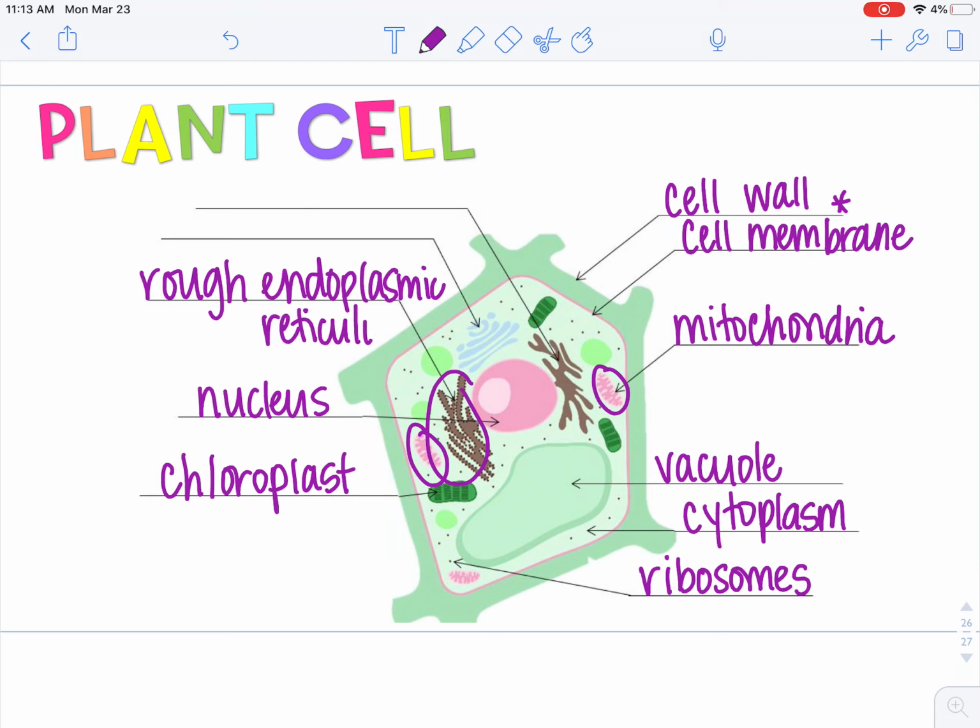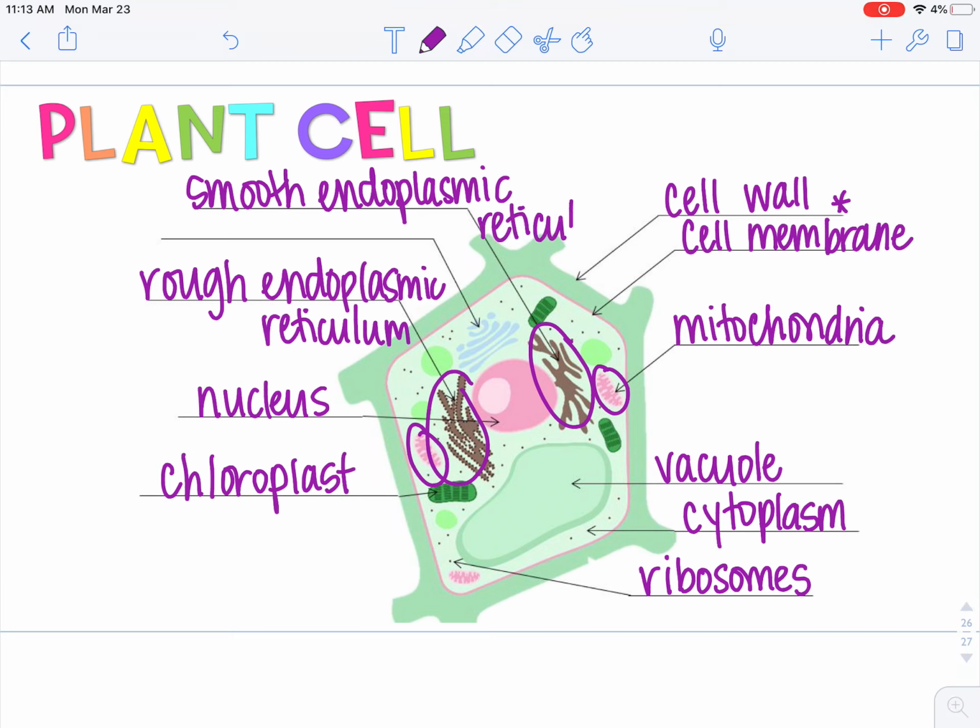Which means on the other side of the nucleus over here, we have our smooth endoplasmic reticulum. And then last but not least, our Amazon of the cell that packages and ships things out, our Golgi body.